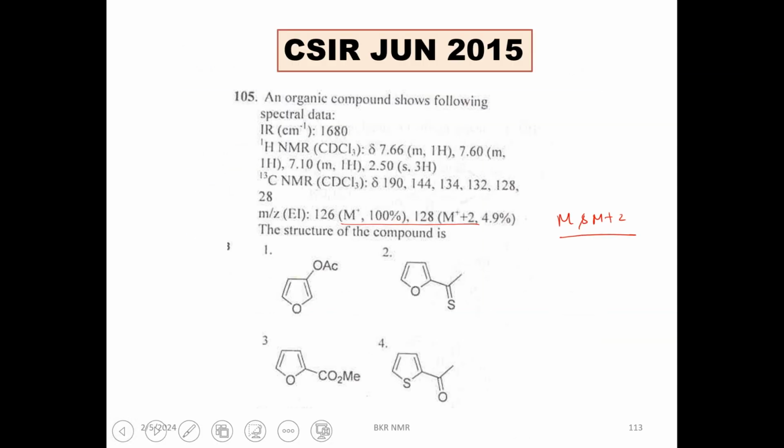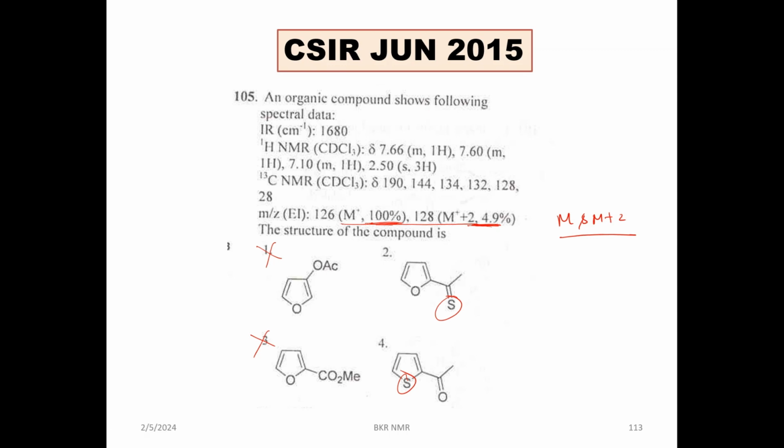So as you can look into the problem, they have given 100 and 4.4, nearly 4.4, 4.8, 4.9. So only in this problem is it in the range of the sulfur abundance. So you should have a sulfur in the molecule. So option 1 is gone, option 3 is gone. So I'll be dealing with mass spectrometry; there we will discuss all this in detail.